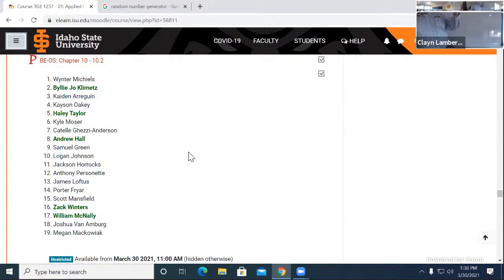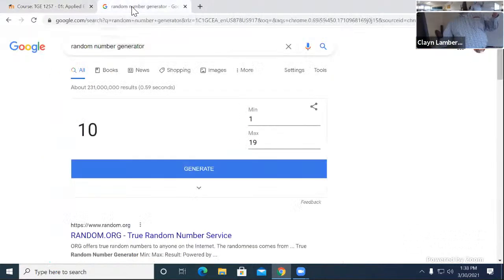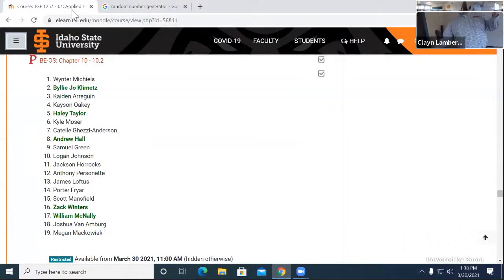Number 18 was Josh. And number 10 was Logan. Okay, so Logan and Josh get it. And number 6 is Kyle. Oh, you got so excited. He's the luckiest guy. He's got to gamble. He needs to. Man, he's paid these random numbers off.